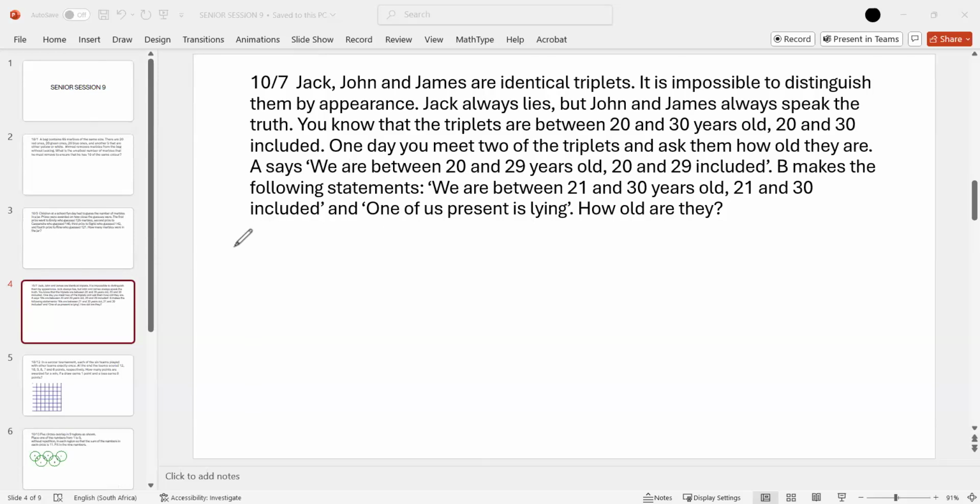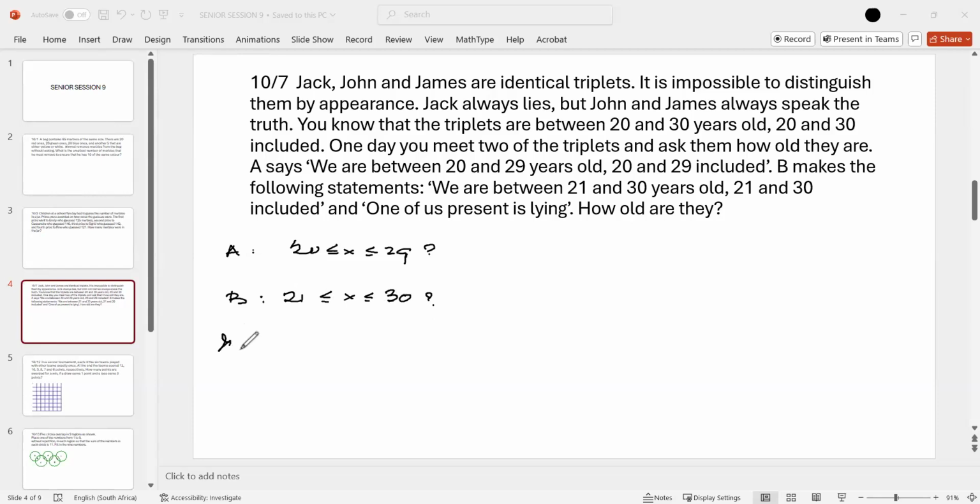So let's just record what we had. A says we are between 20 and 29, with a question mark around him. And B says X, the correct age, is between 21 and 30, with a question mark around that as well. But now the question is, is B a liar? All right.